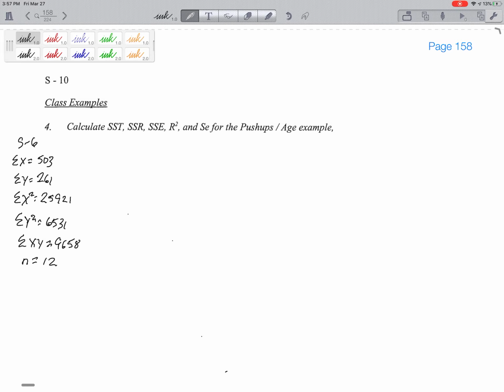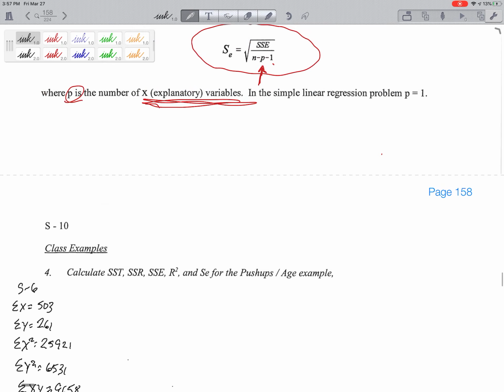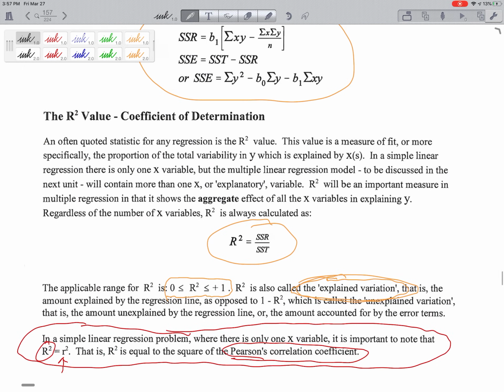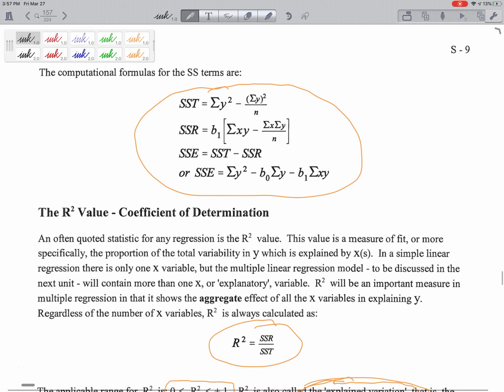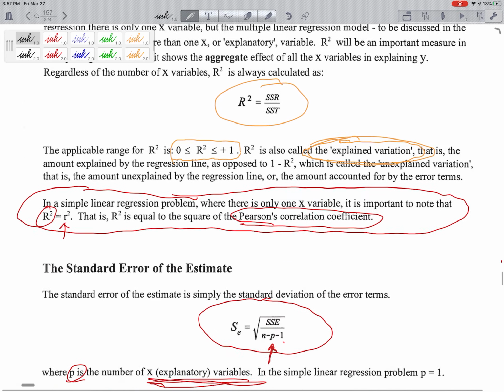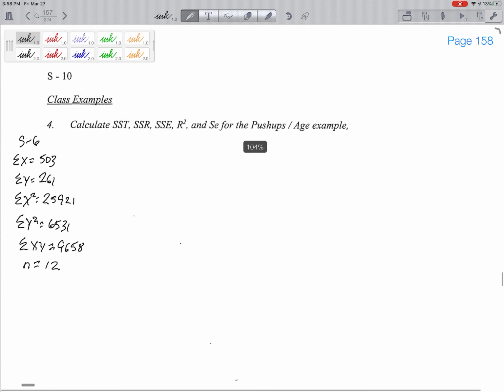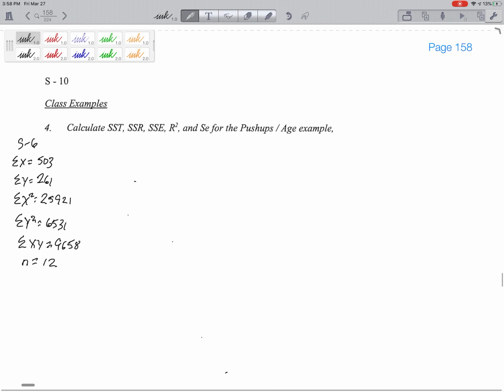Okay, let's calculate the SST value. The formula that we use for that is up here. We're going to be using these formulas right here for the SS values. All right, let's take a look at what we've got. SST is equal to the sum of the y squares values minus the square of the sum of y's over n.